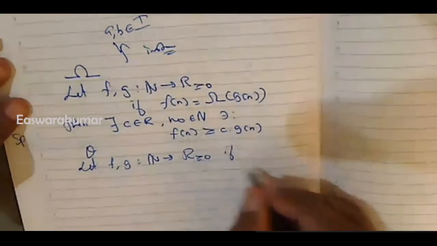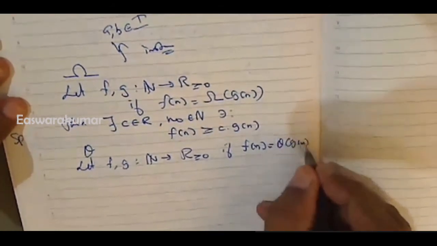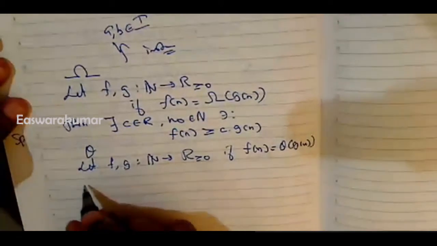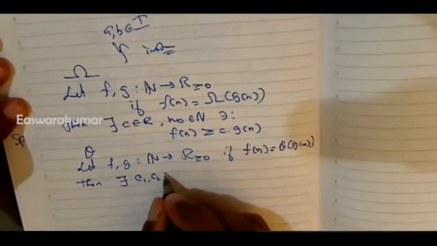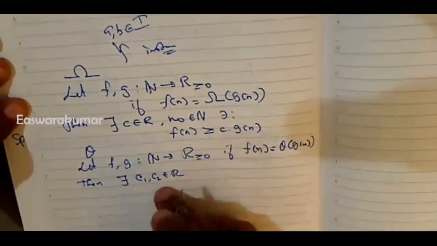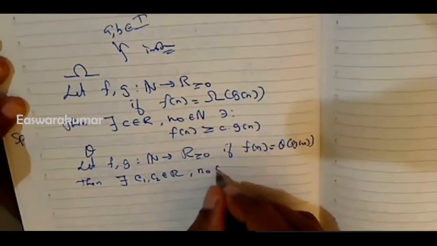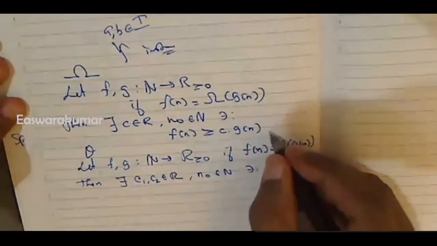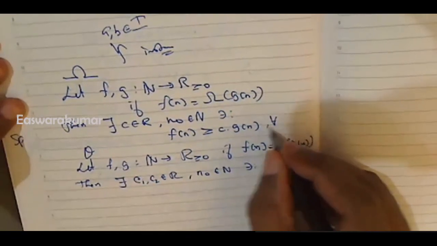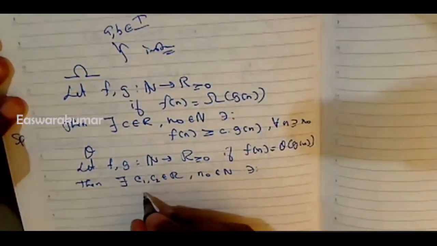And if we say that f of n is equal to theta of g of n, okay, then there exist two constants C1, C2 belonging to R, N0 belonging to N such that, okay, one more thing I forgot to write here, that is for all n greater than N0. Okay, so that's also there. I missed it there.